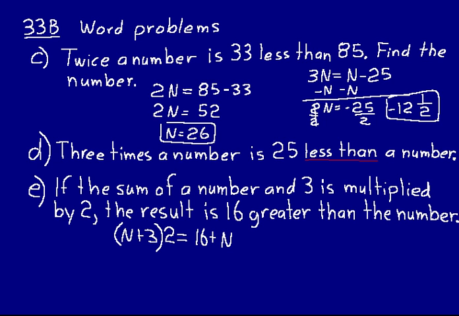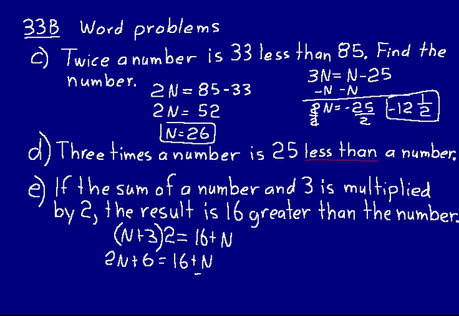And so now we can go ahead and solve this. We have a set of parentheses on the left and unlike terms inside, so we need to use our distributive property first. 2 times n would be 2n, and then plus 3 times 2 is 6. So we have 2n plus 6 is equal to 16 plus n. So we have variables on both sides. We need to combine those together, and then we ought to just go ahead and get our constant on the right as well, all at the same time.